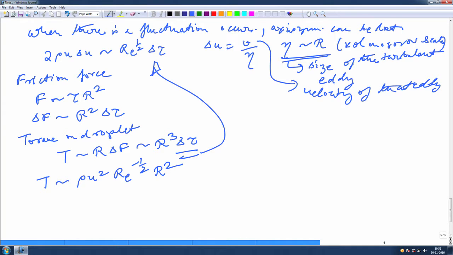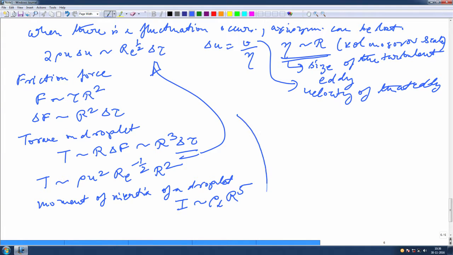Okay. Got it? So, now the moment of inertia of a droplet is given as I is rho L into r to the power of 5. Okay.